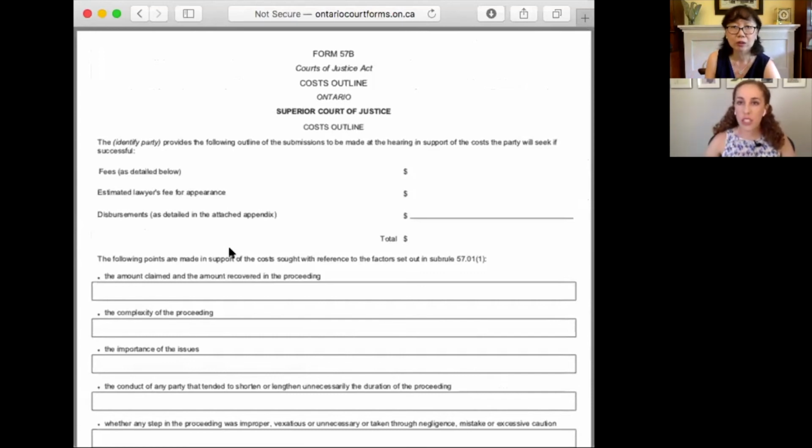Usually the disbursements are 100% fully compensated, but the legal fees that are incurred are rarely fully compensated, and only in exceptional cases will a court award you the full amount, because that's considered very punitive to make someone pay the full amount of the legal fees.